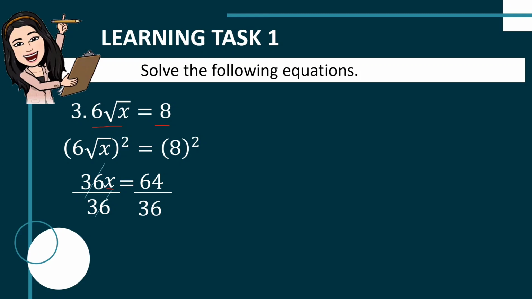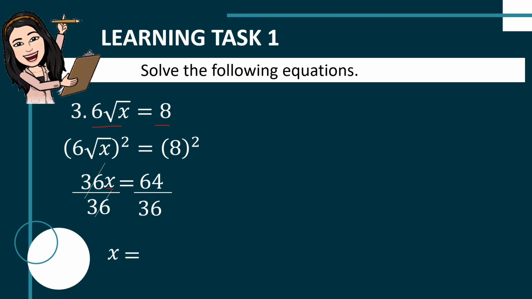So we have 36x divided by 36 is equal to x. And how about 64 divided by 36? Can we divide them exactly? Okay, hindi po. So therefore, let us just find its lowest term. Ang lowest term niya, kailangan i-divide natin both the numerator and the denominator by 4.